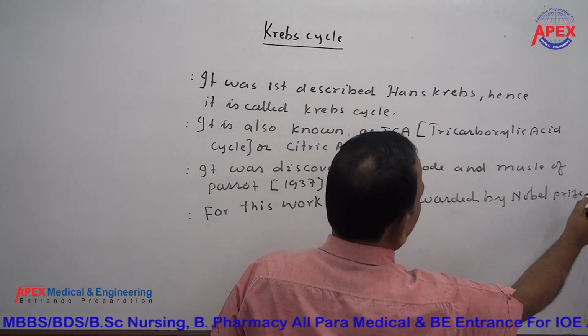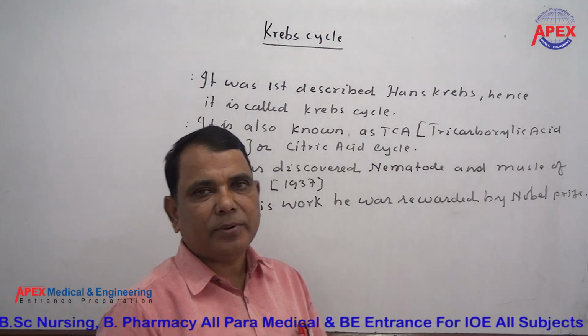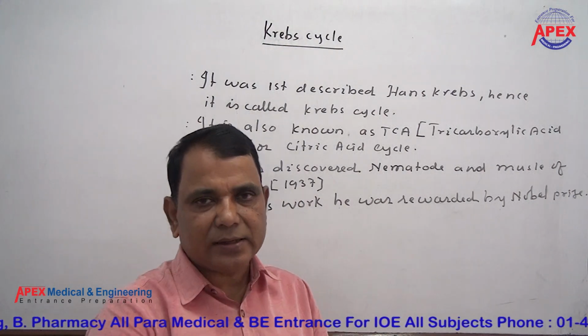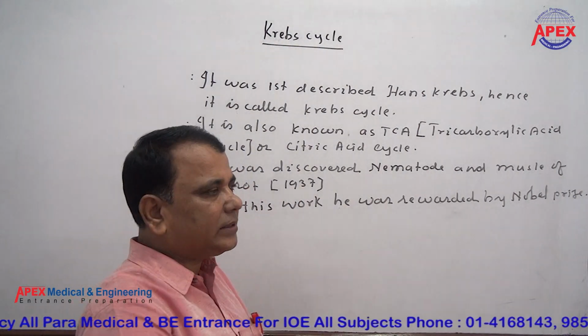So this is the citric acid cycle, but how can we define its main fate?